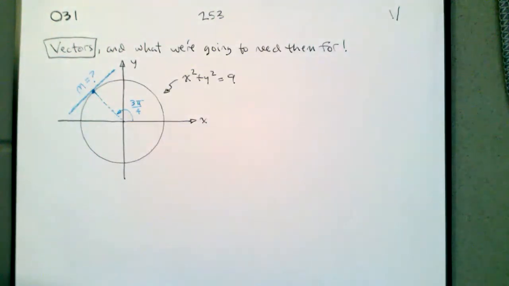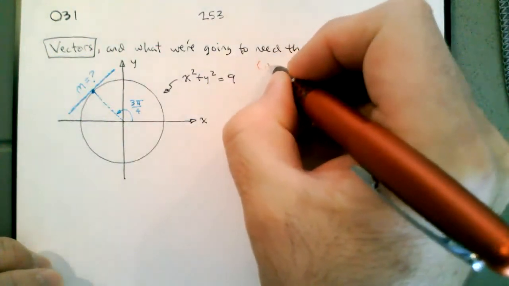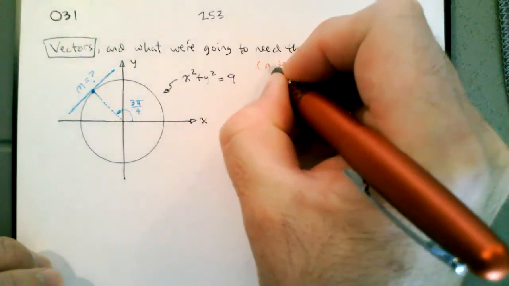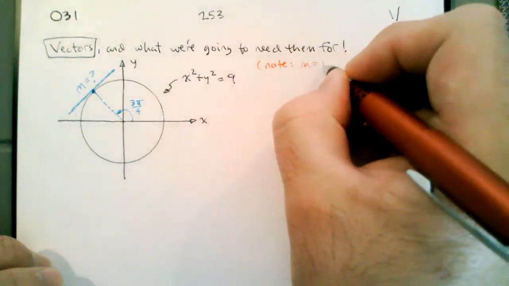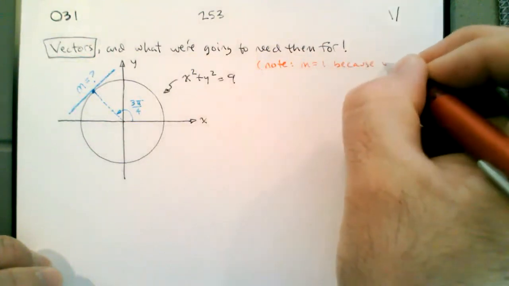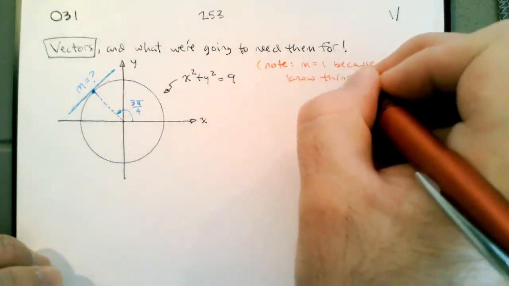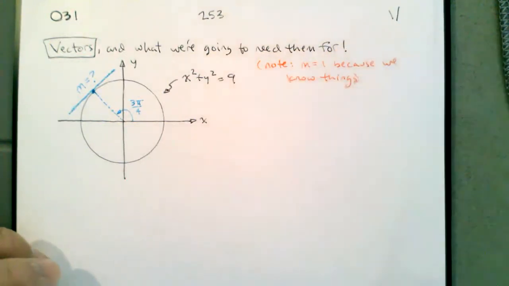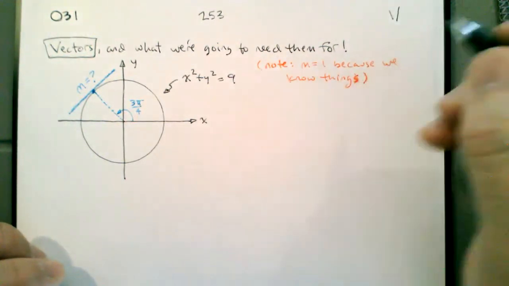So let's do that. So since slope is, secretly, m, and we already know that m is equal to 1 because we know things.